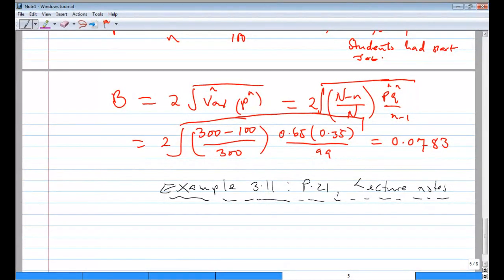Okay, let's do it together. So you have been given the population size of what? 2,000. Is it true? Bound? 0.05.